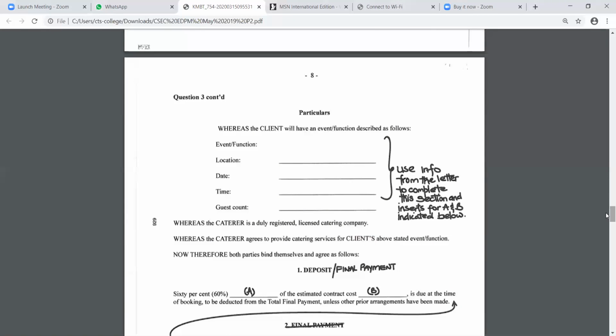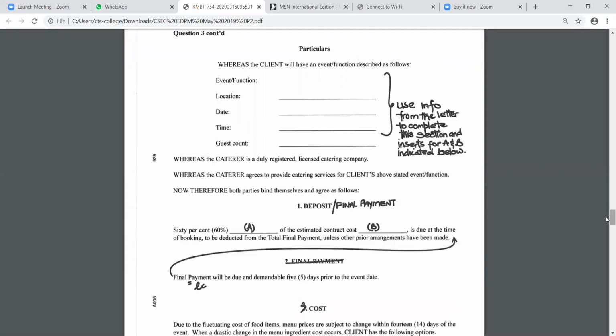So A is 60% and B is total, but you're not typing A and B. You're typing the actual figures for A and B. Everybody okay with that? And you'll underline both of them for A and B. Is due at the time of booking to be deducted from the total final payment unless prior arrangements are being made. Scroll down a little bit on the documents again.